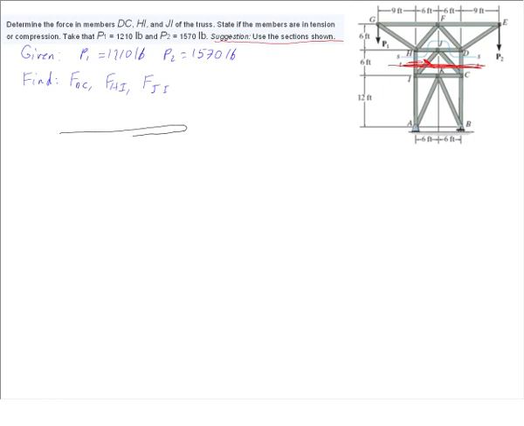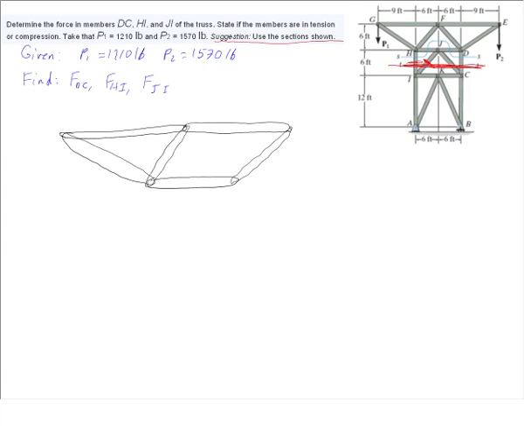I'm going to draw it nice and big so that I have enough room to put my forces. Okay, that's the part that we're going to cut above the red line.